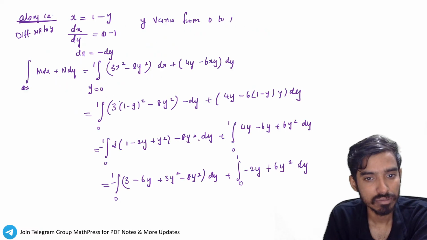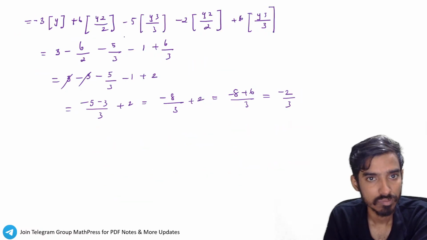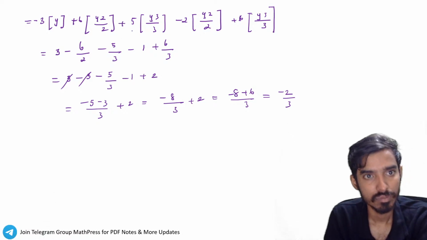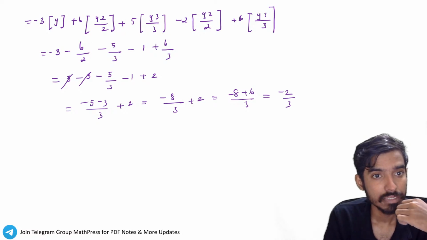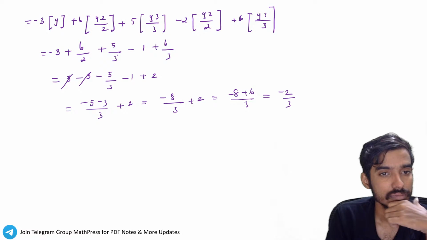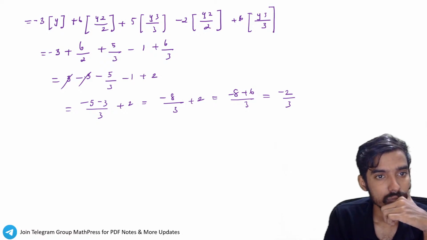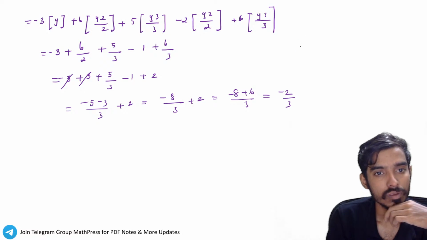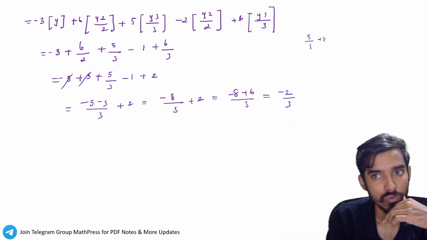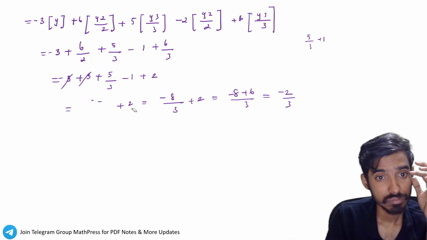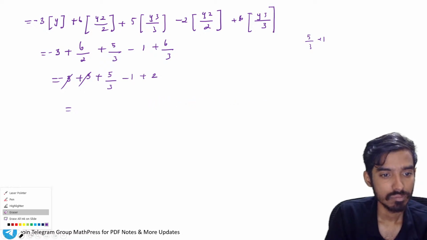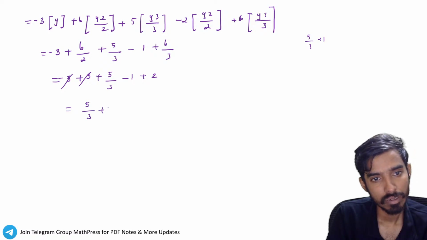So let's try to do it like this. So this will be 5 by 3 plus 1, 2 minus 1 is 1.